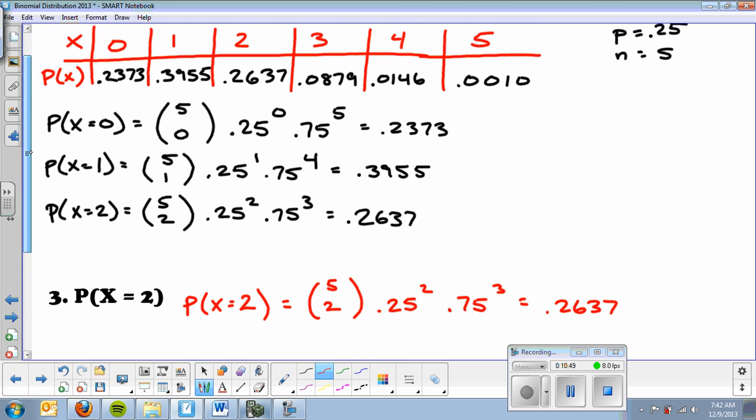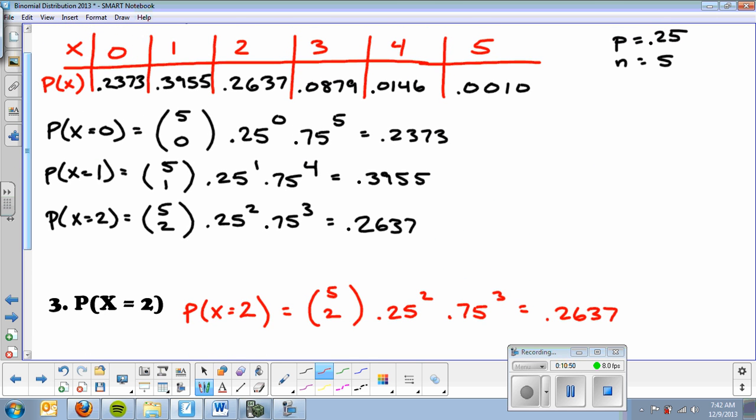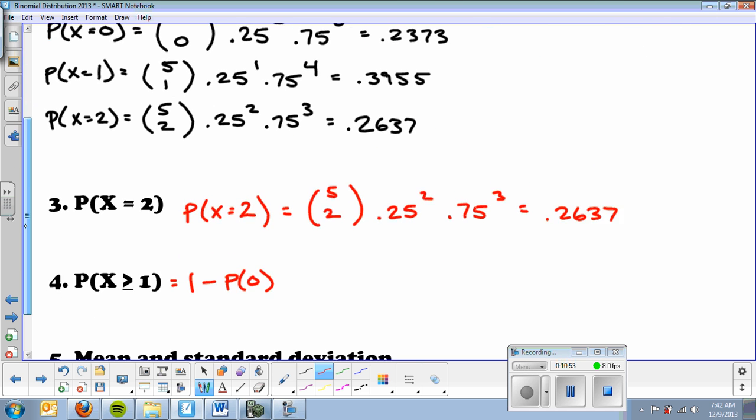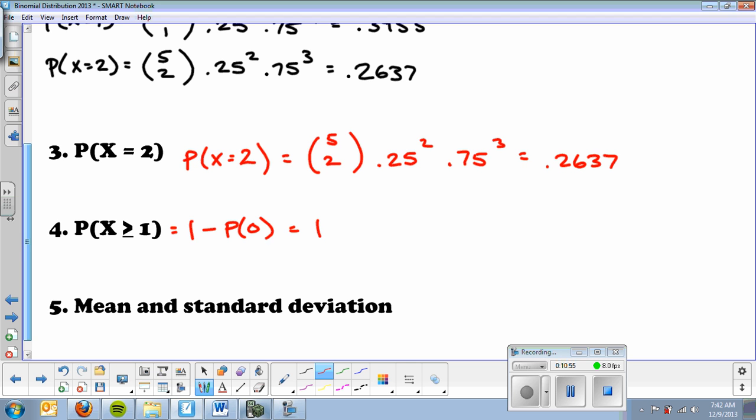Well, if I go up here, I see that the probability of 0 type O blood is 0.2373. So this is going to be 1 minus 0.2373, which I get 0.7627.